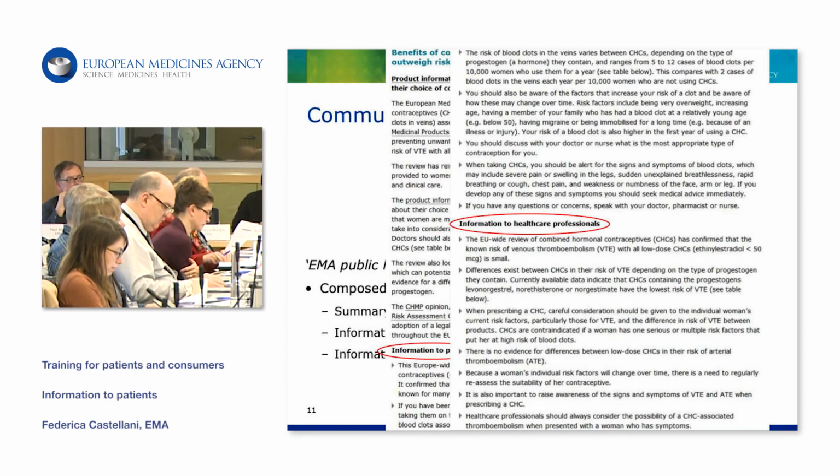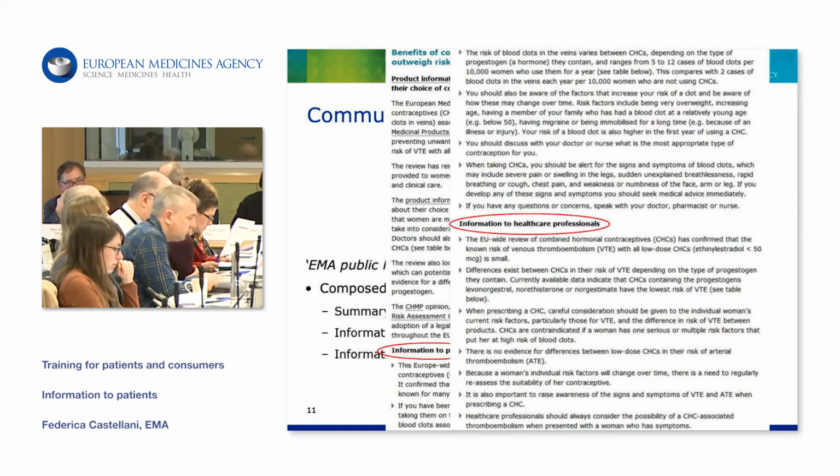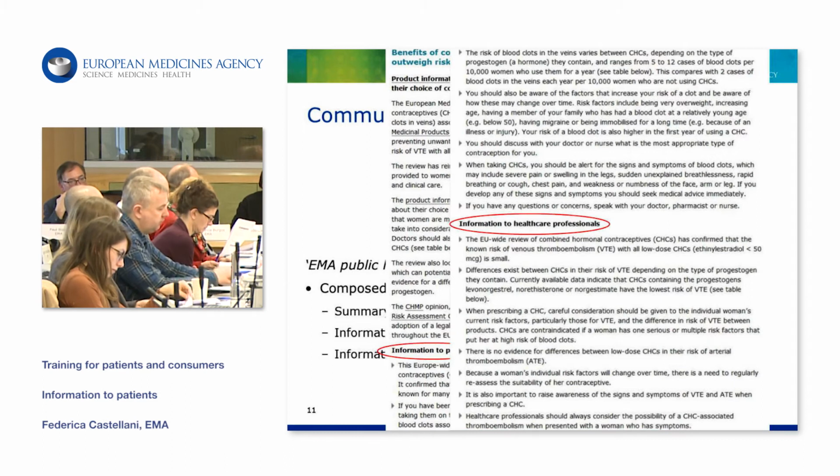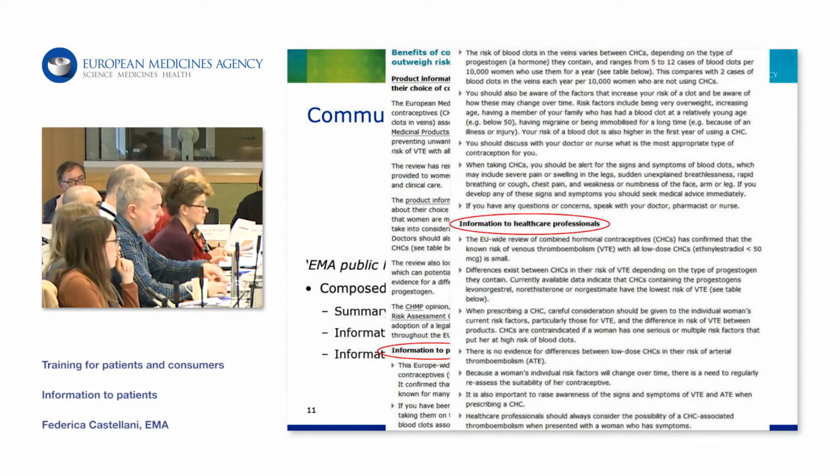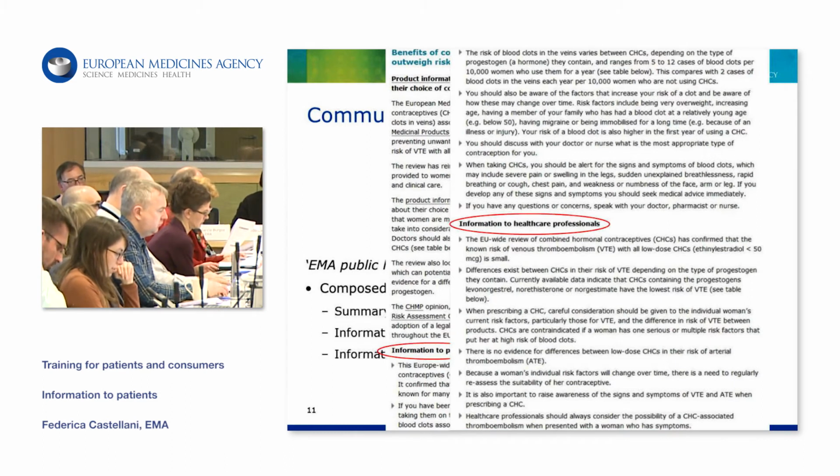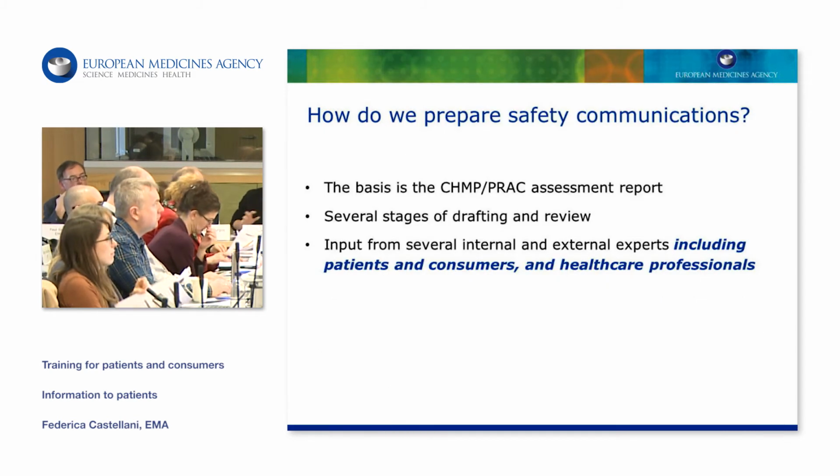We also tell them they should be aware of the factors that increase their risk, and be alert for the signs and symptoms of blood clots. In a similar way, we have information to healthcare professionals that they need to review the risk of women and take these risk factors into account when they prescribe the medicine.